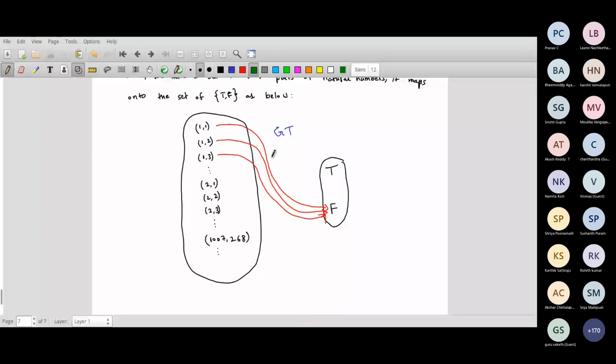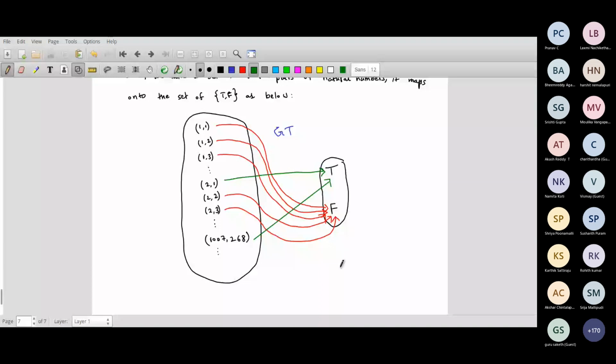Yes. So this maps to true. Okay. Is 2 greater than 2? No. So this maps to false. 2 greater than 3? False. Is 1007 greater than 268? True. So this maps to true.